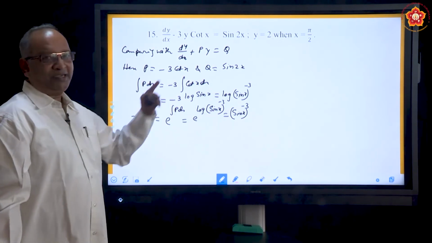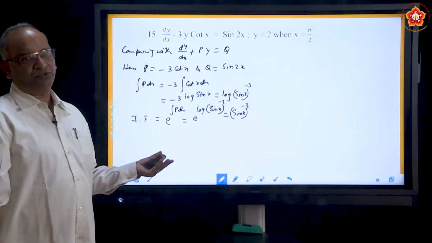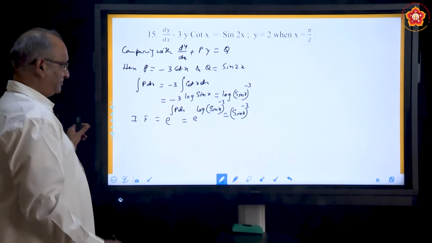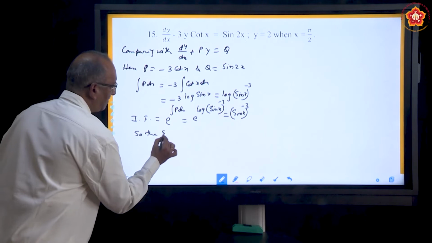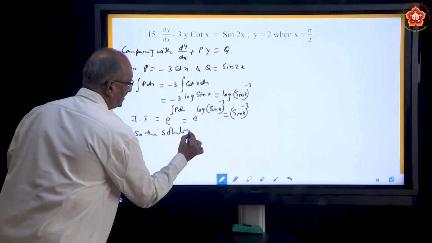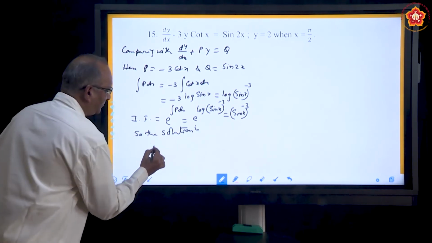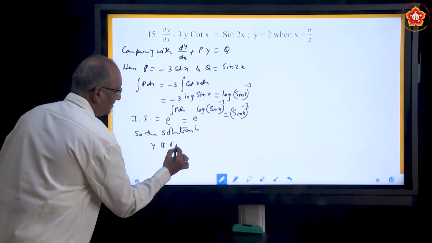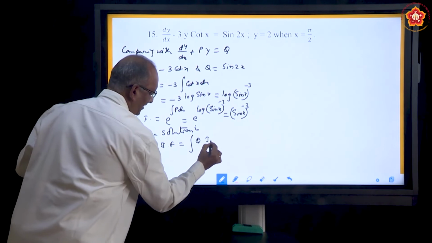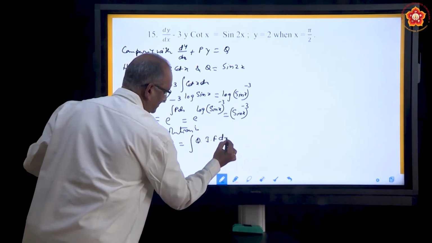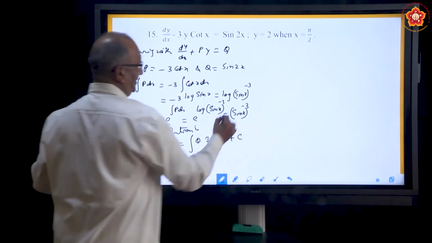The moment you know the integrating factor, you know the solution. So, what is the solution? The solution is y into integrating factor equal to integral of q into integrating factor dx plus constant of integration.